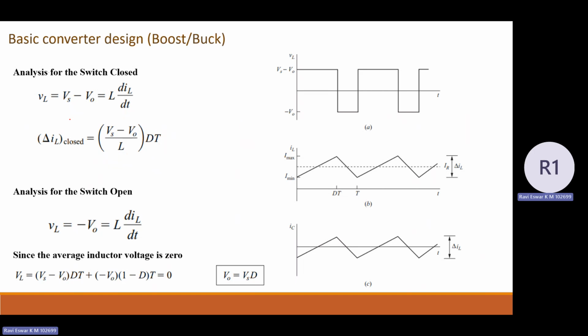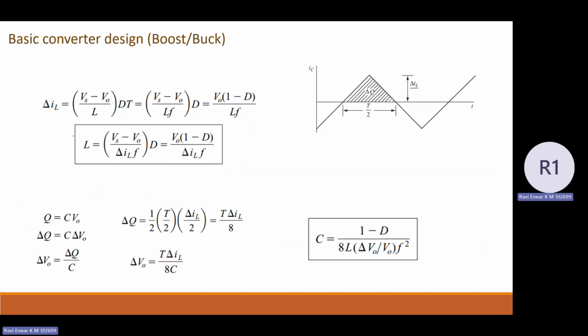Then come to the capacitor. How do I need to design the capacitor? We already saw the capacitor current waveform. You can check here that the capacitor current is positive in this particular area. The charge stored in this instant, change in Q, I can write as C into change in V. From this I can write change in V equal to del Q divided by C, the capacitance value.